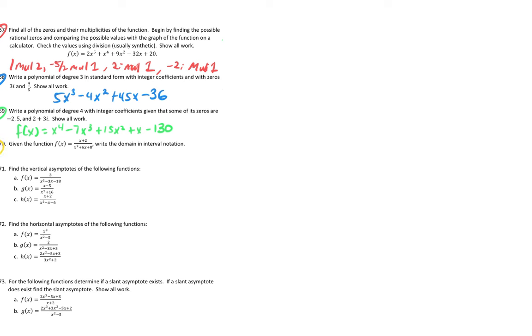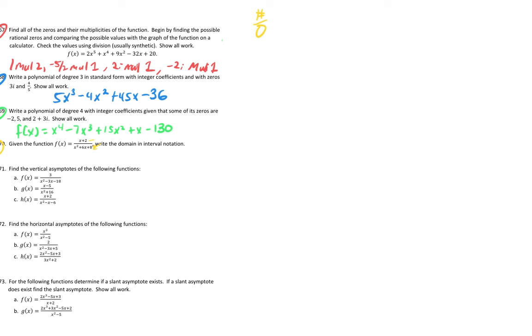Given the function f of x is equal to x plus 2 over x squared plus 6x plus 8, write the domain in interval notation. So we look at things that might restrict the domain. The top doesn't have anything that would restrict the domain. The bottom will, just because we'll have some value divided by 0.